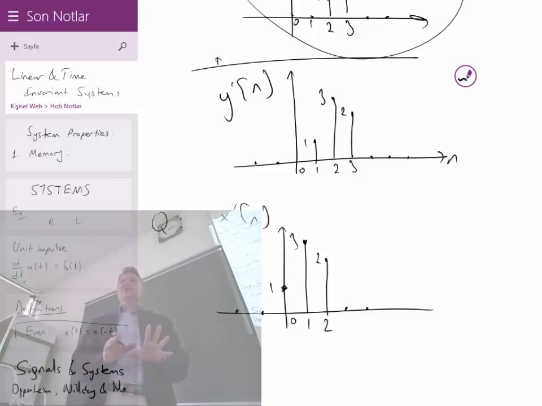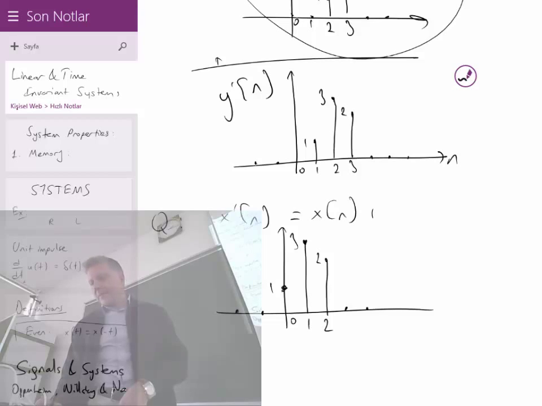Again, the trick is to try to represent x prime of n, a different x prime of n, in terms of the original x of n at the top. What is it? Well, it's equal to x of n plus 2 x of n minus 1.